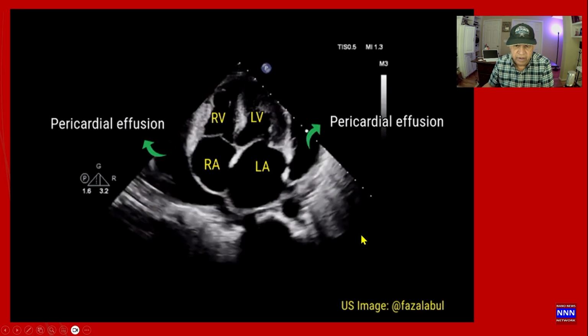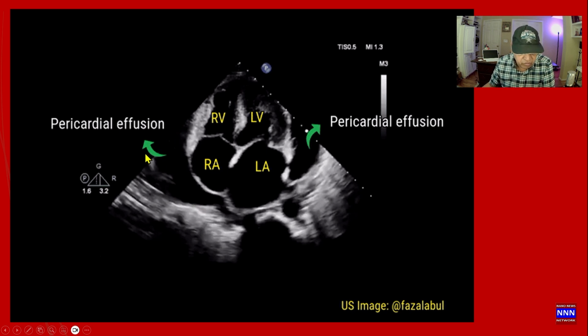Let's move on and look at another picture here. As we can see, this is like an apical four-chamber view. Here we have the left heart, right heart chambers, and here we have a fluid which stops short in front of the descending thoracic aorta. So this is a large pericardial effusion which goes around, and you can also see the same pericardial effusion on the right side of the heart, encircling the right ventricle and the right atrium.